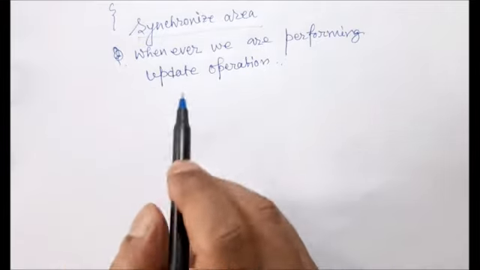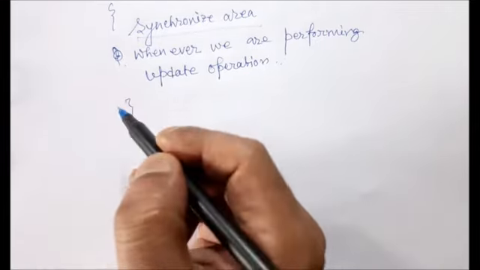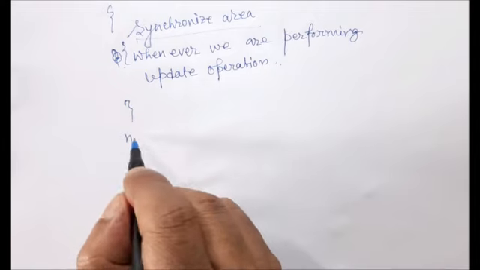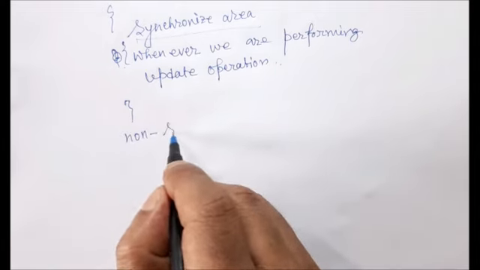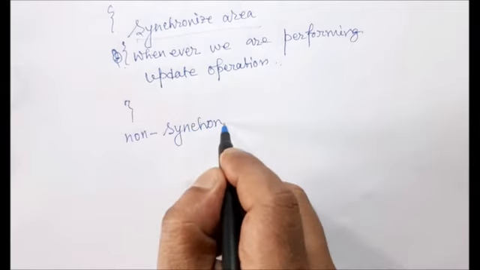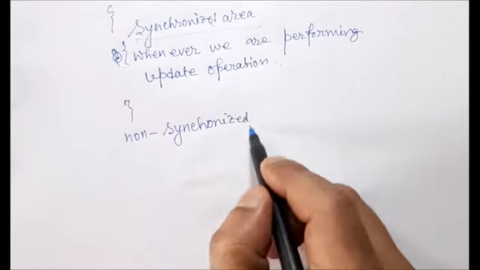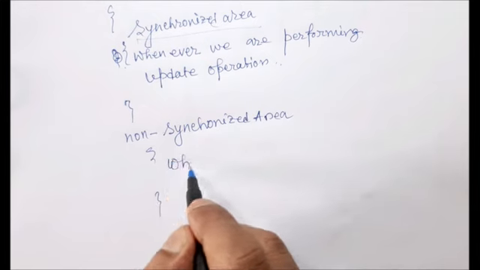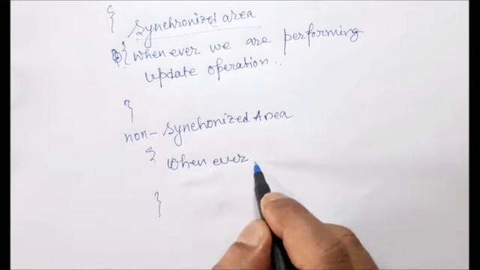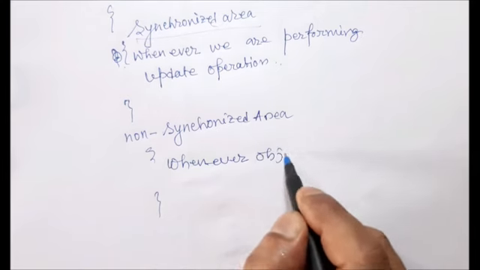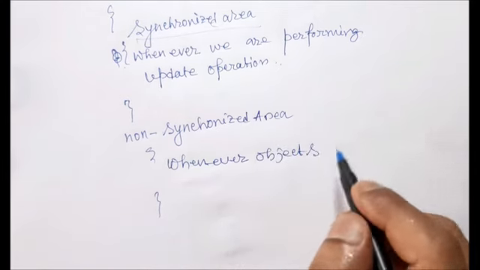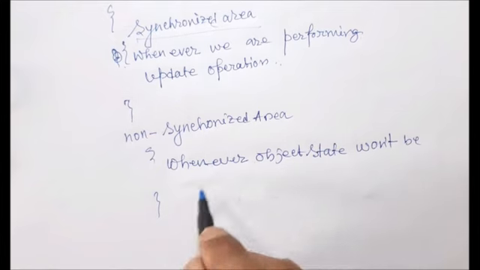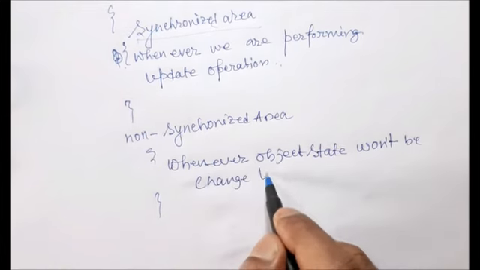Okay, this is the synchronized area, and we will write some code in the non-synchronized area, whenever the object state would not be changed, like a read operation.